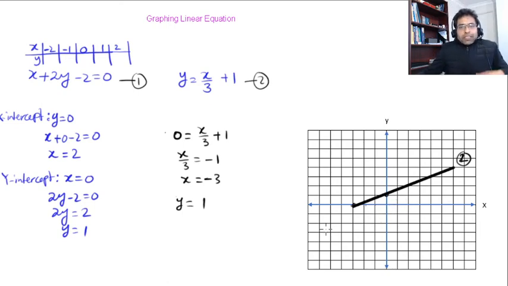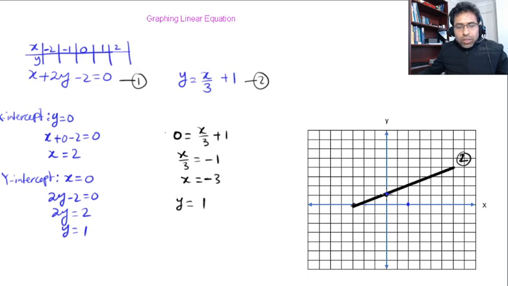Now similarly, if we do the first one, you know that the x-intercept is x equal to 2. So x equal to 2 is here, and then y equal to 1 is the same point on the y-axis. Now if I connect this, it doesn't matter where we start.